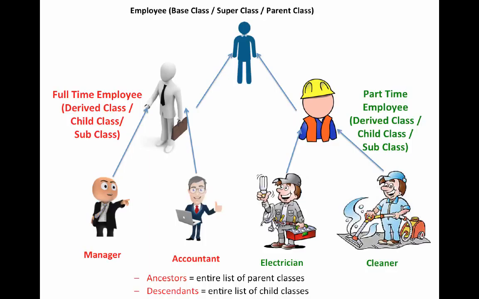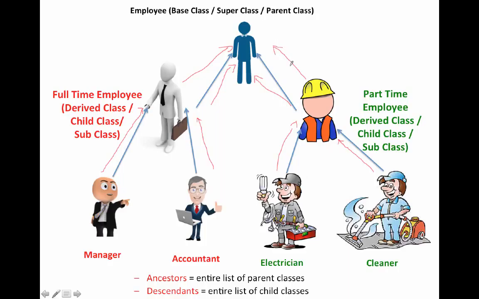For example, if we take manager, the ancestors of the manager are full-time employee and the employee. So those classes which are above this are the ancestors. And for accountant, full-time employee and the employee. For electrician, ancestors are part-time employee and employee. And for the cleaner, ancestors are part-time employee and the employee.